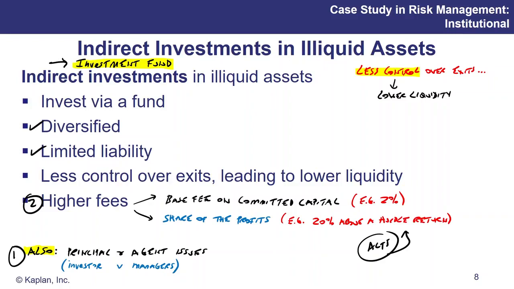You might find that you have no say over it for a period. Whereas if you had a direct investment, you would have a lot more operational control over when you decide to leave. Also, a direct investment avoids the principal agent issues. There's no third party manager involved. You're doing it all yourself. You're in control of it.